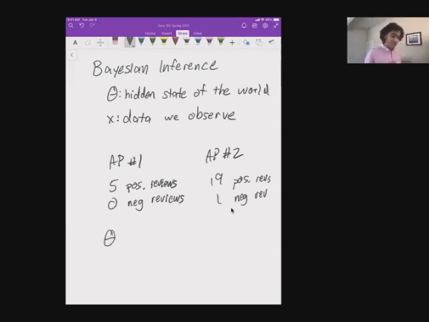Remember that in Bayesian inference setups, we say theta is the hidden state of the world. So theta 1 is going to be the goodness of air purifier 1, and theta 2 is going to be the goodness of air purifier 2.